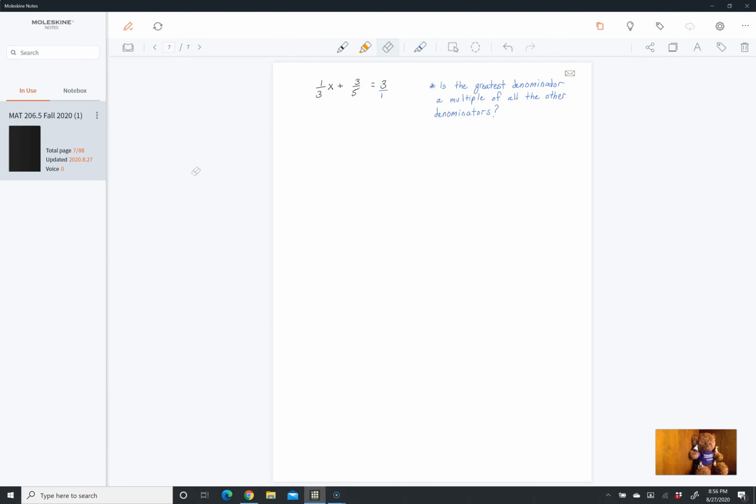Okay, if it is, that's what you're multiplying by. That's your least common multiple. If it's not, keep multiplying, keep adding it to itself, until it is.